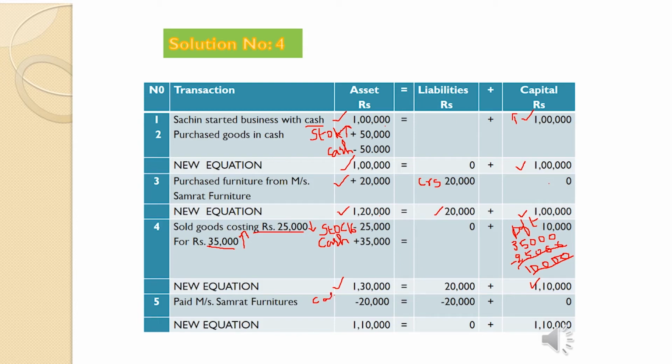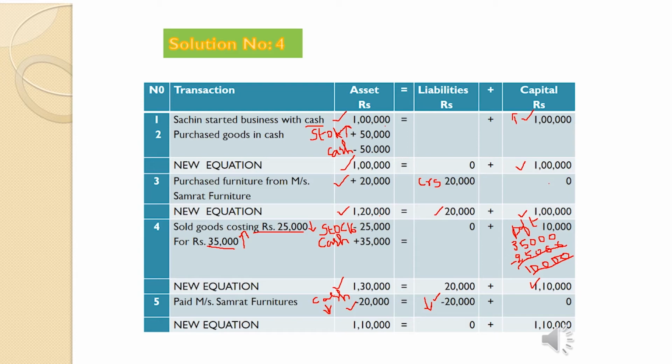Then paid furniture creditors. Here cash paid, so automatically cash reduced. That is asset, cash decrease. So minus 20,000.